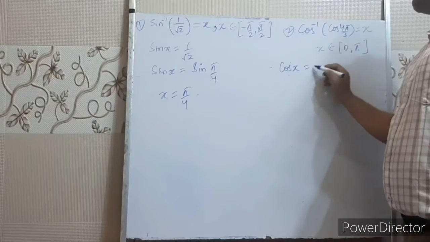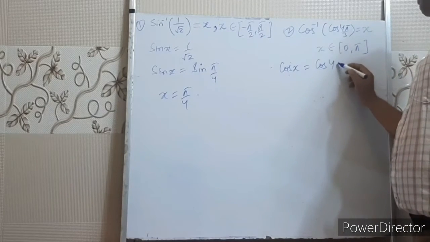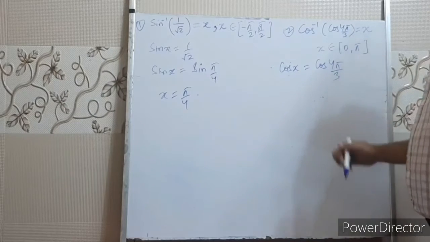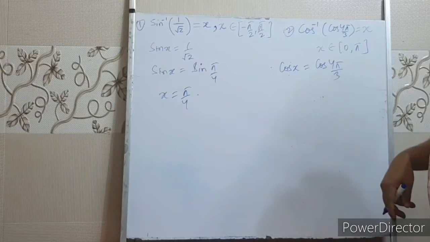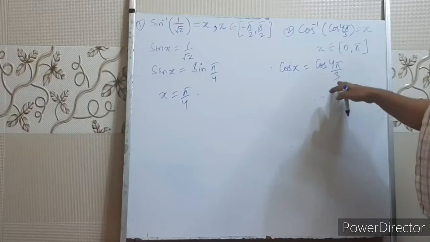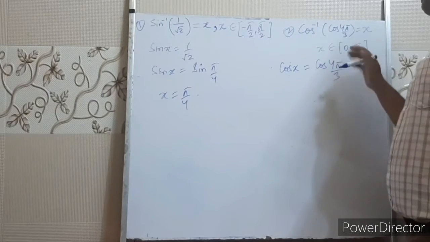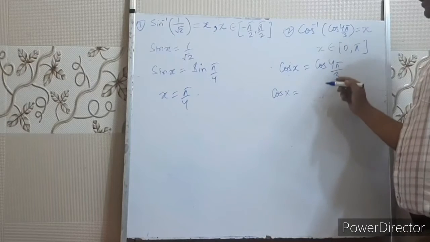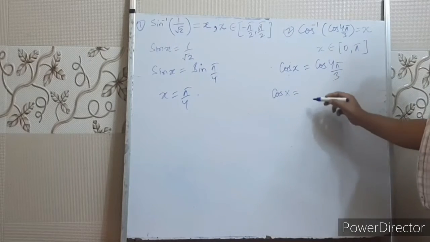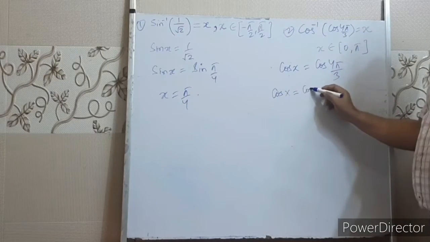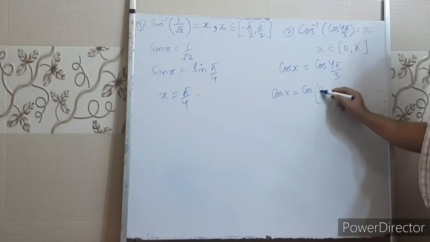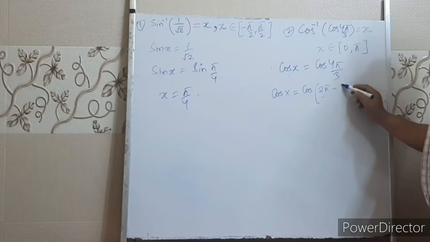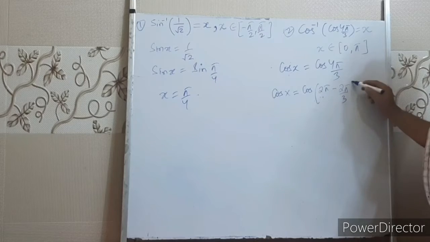So cos x equals cos 4 pi by 3. Now we have to make this value lie in between this interval, so we can write 4 pi by 3 as cos of 2 pi minus 2 pi by 3.